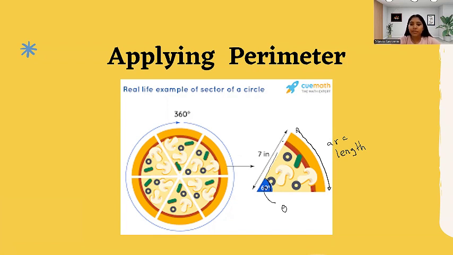And these 2 sides, because we are going to measure the perimeter. If you want to measure the perimeter, you have to add these 3 sides. So this is the arc length, and these 2 sides. This sector is initiating from the center of this large circle. As it is initiating from the center of the circle, this length is equal to the radius of the circle.